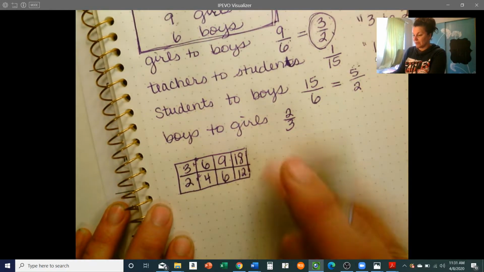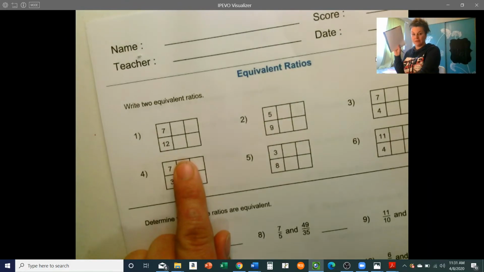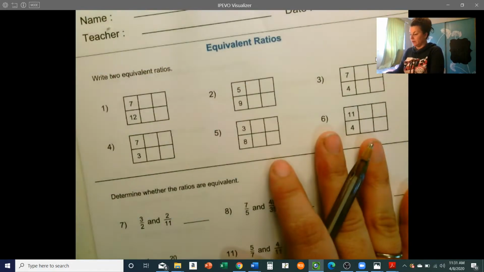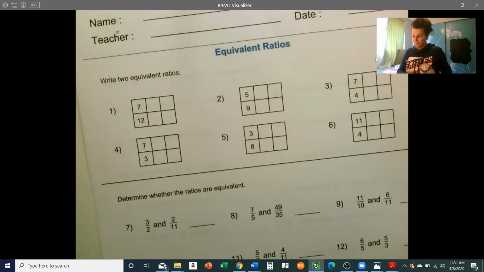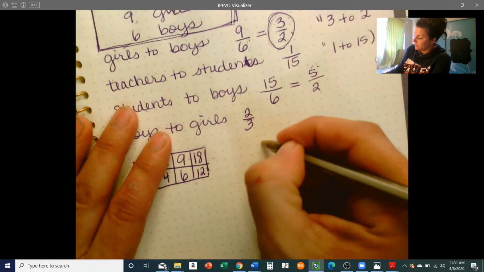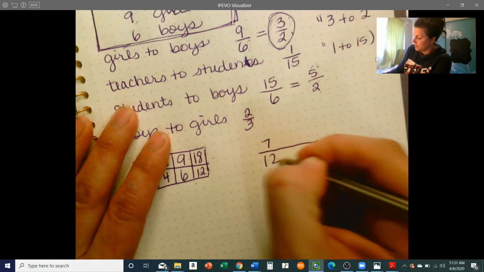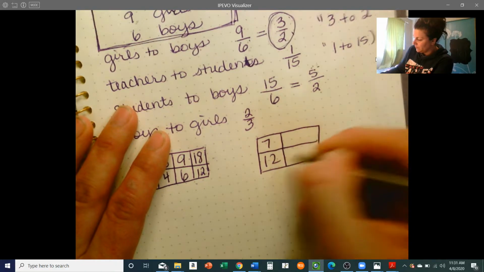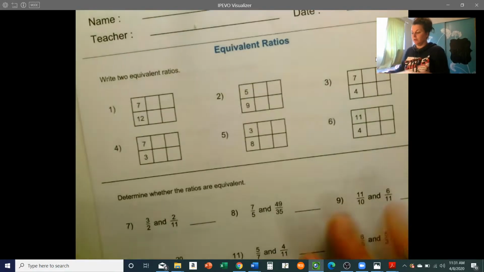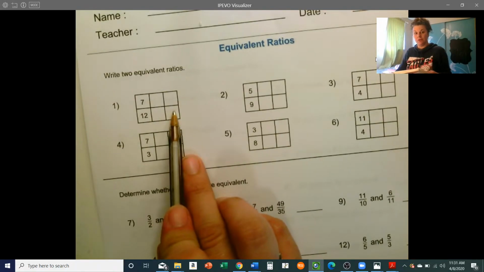So part of your assignment is filling out some charts like that. So I'll go ahead and, if you look at like here, 7 over 12. If I have 7 on top and 12 on bottom, you're going to be writing in 2 more equivalent ratios.